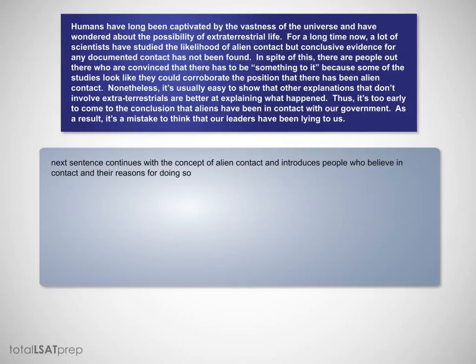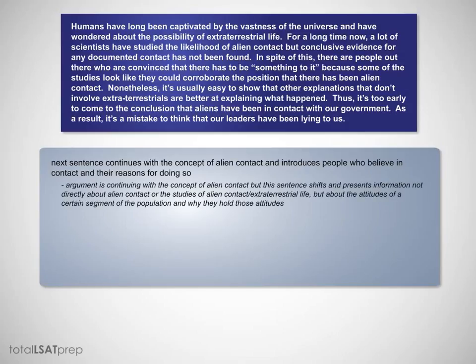The next sentence continues with the concept of alien contact and introduces people who believe in contact and their reasons for doing so. So now the argument is continuing with the concept of alien contact, but this sentence shifts and presents information not directly about alien contact or the studies of alien contact or extraterrestrial life, but about the attitudes of a certain segment of the population and why they hold those attitudes.